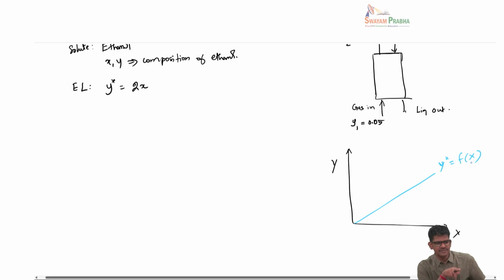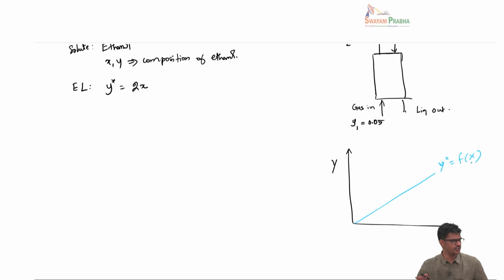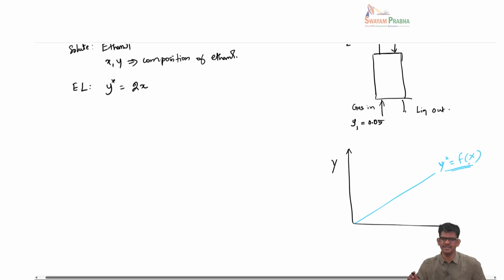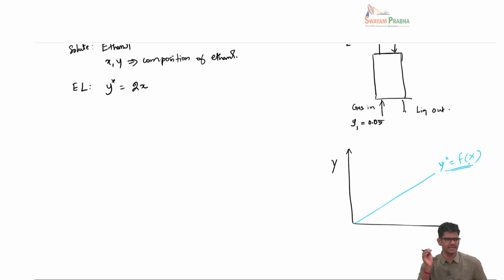The equilibrium line is given in terms of mole fraction, but here I am plotting everything in terms of mole ratio. That's why I didn't say it is a straight line, but it is a function of the mole fractions. But actually it is straight line up to certain concentration. After that it will take a slightly curved nature. Okay, for now let us say this has a particular form, and we want to locate the operating line here.